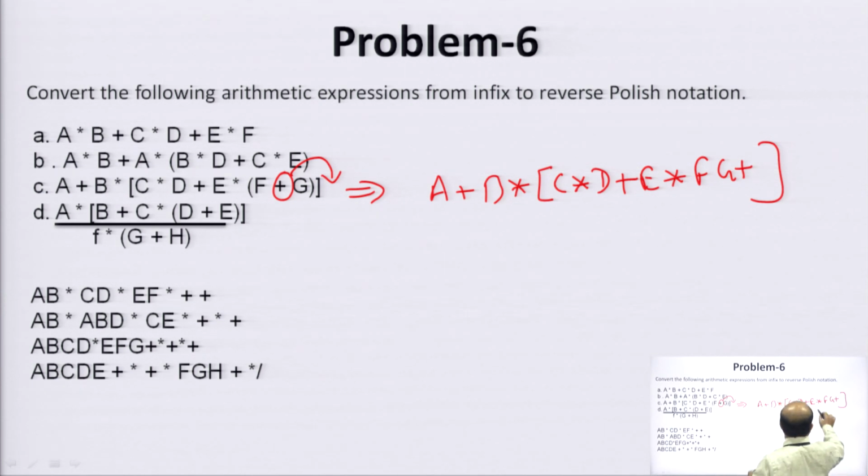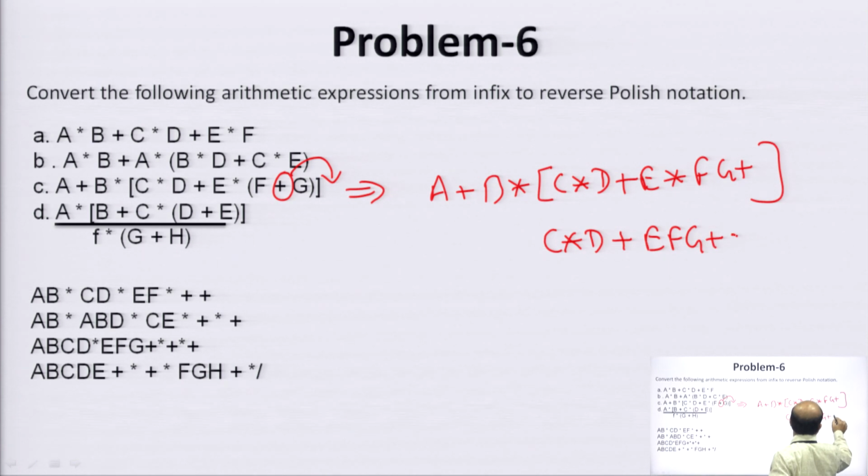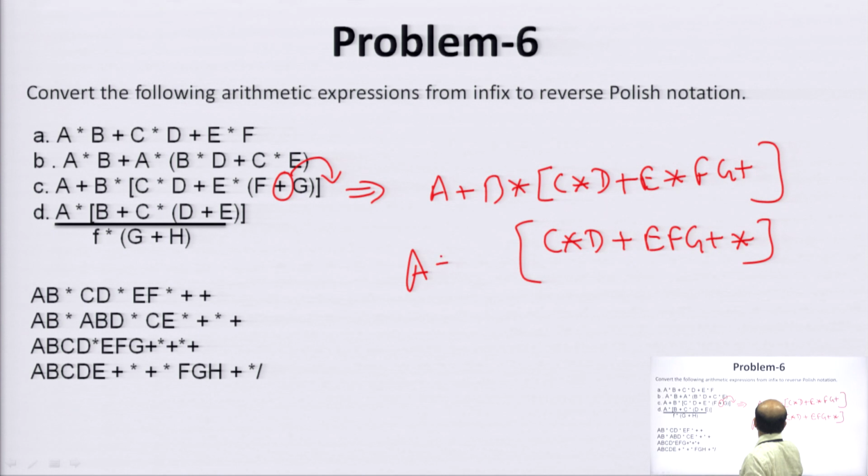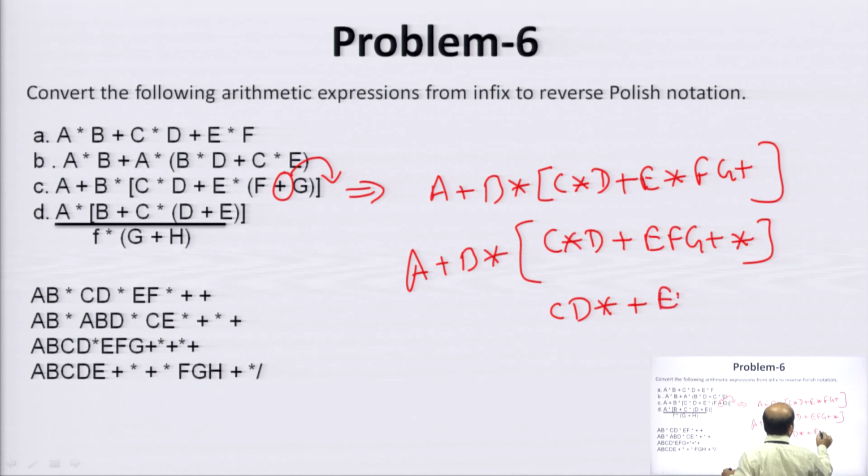Next we will solve E with F G plus, so this becomes C star D plus E F G plus star. In the next step we will solve C star D, so C D star plus E F G plus star, and this is your first operand. Now, this is your second operand.